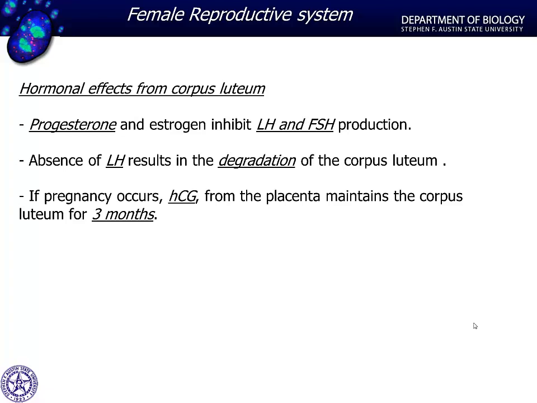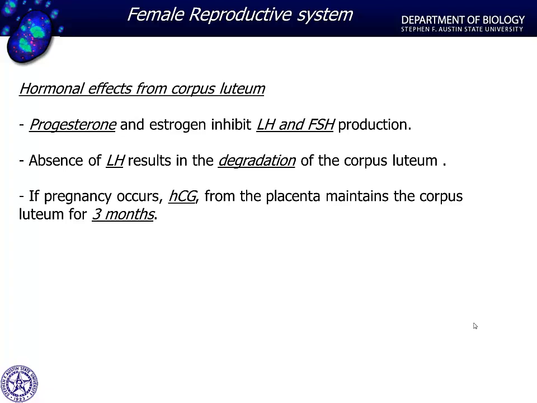However, if pregnancy occurs, then human chorionic gonadotropin, that's the abbreviation hCG, that's going to be the target for many of the pregnancy tests that are done now. Human chorionic gonadotropin is going to maintain the corpus luteum. It is going to cause it to remain for 3 months.